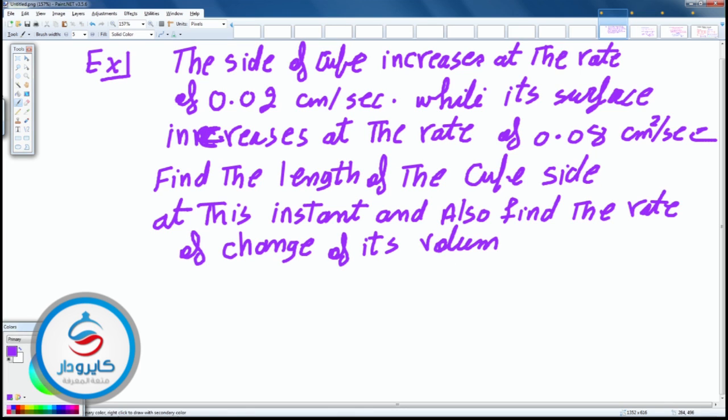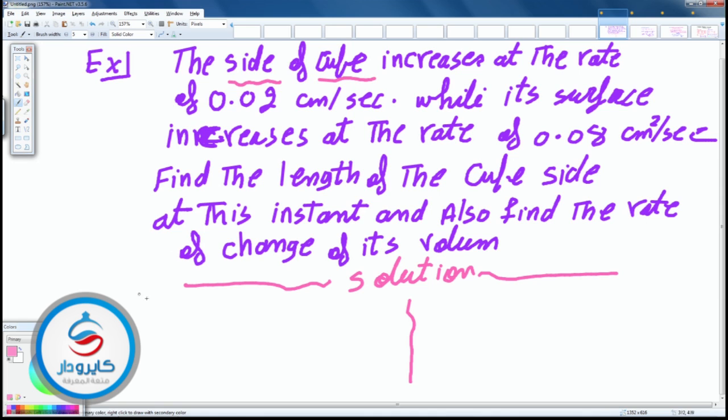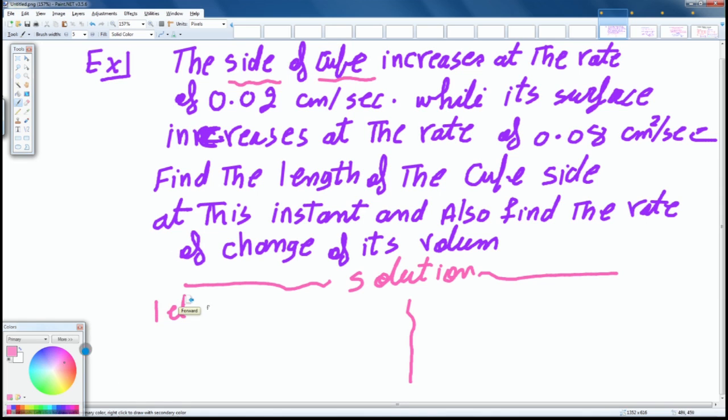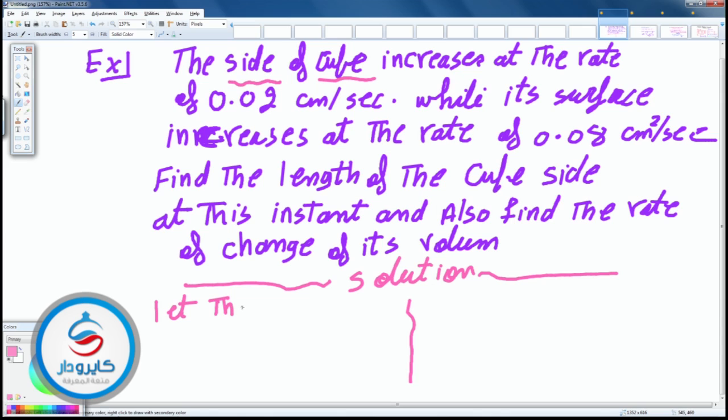It's a good problem. Let's move to solve it together. The side length of the cube, let the side length of the cube equal x.